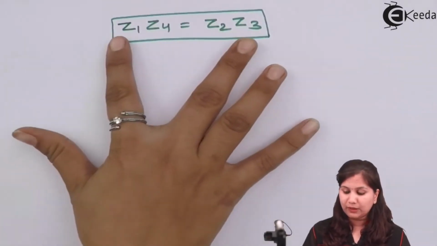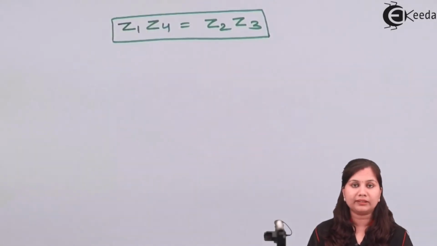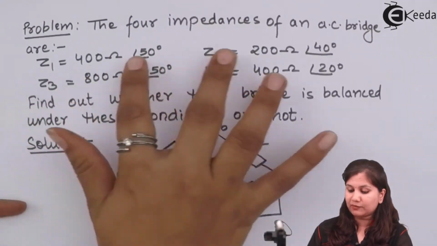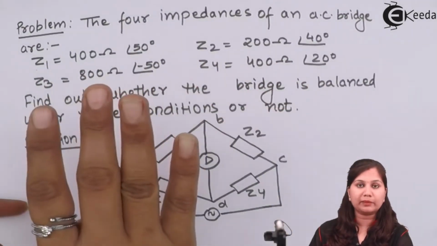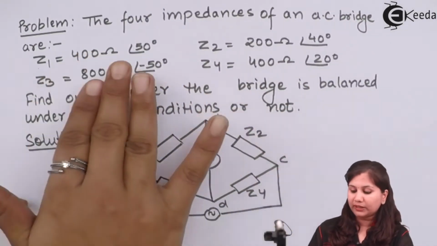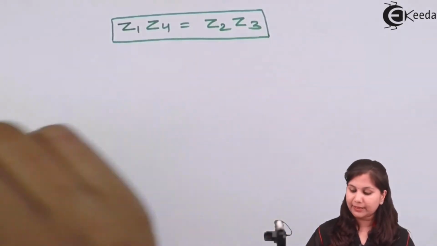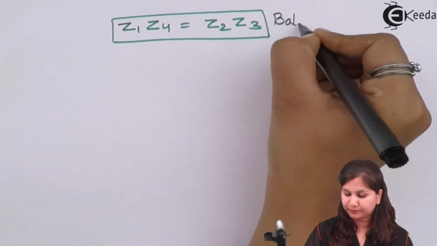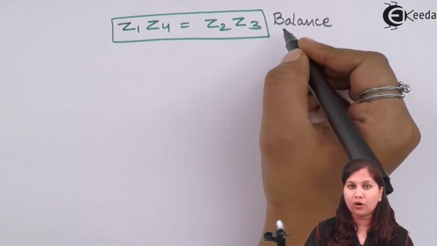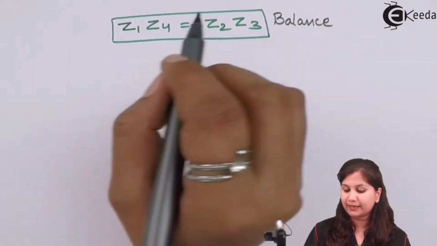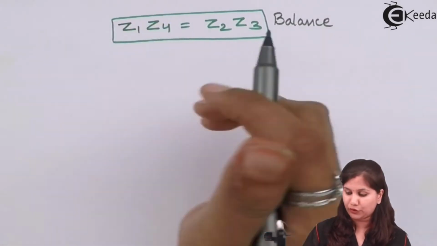Using this equation, we will find out whether this bridge, whose impedance values are given to us, is balanced or not, because this is the balance equation. If a bridge is balanced, then it is going to satisfy this equation.